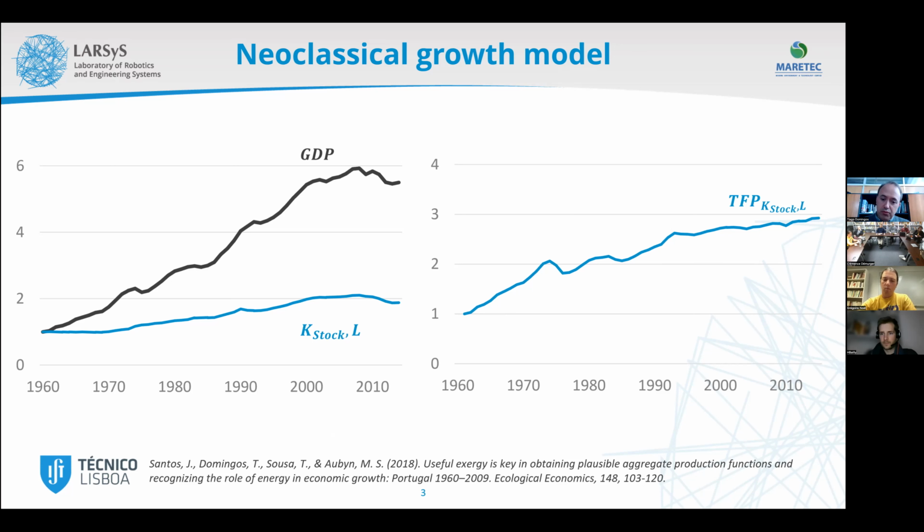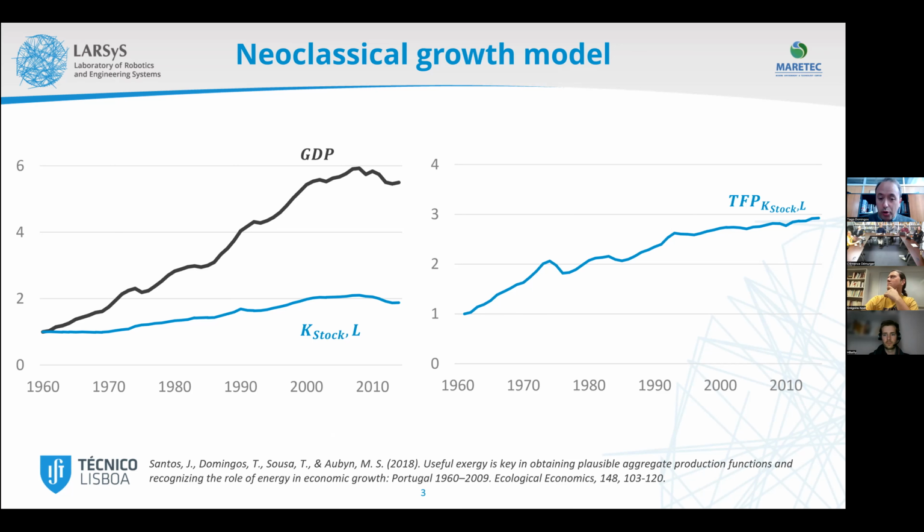And this first fast increase of TFP and then progressive stagnation is in fact a common pattern to all developed economies. The ones that industrialized earlier than Portugal reached this stagnation earlier, in the 70s. Portugal just didn't reach it in the 70s because it was a late industrializer, and so it arrived there later.